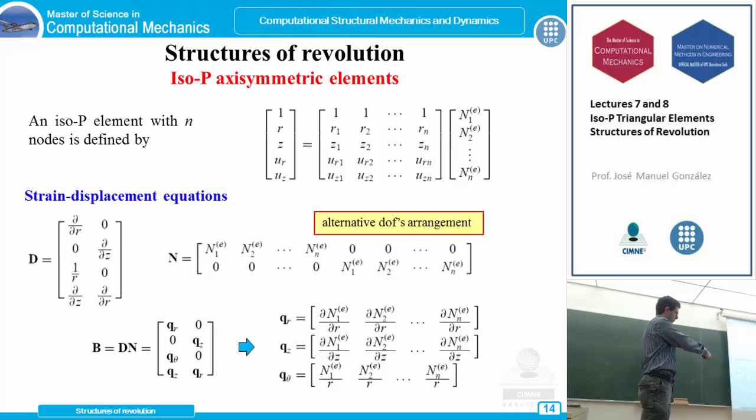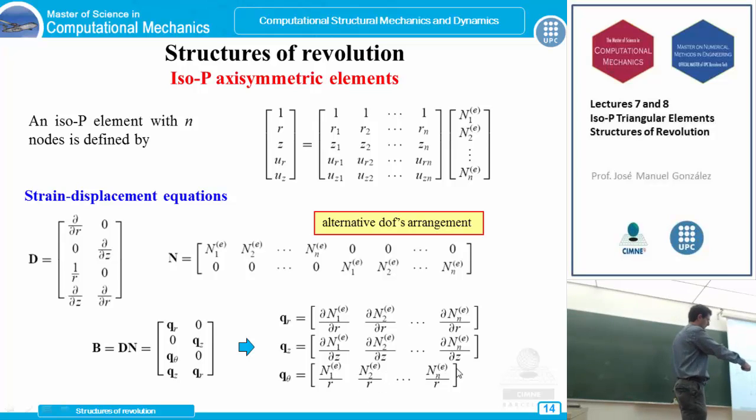And again, important thing, here we have this vector which involves the circumferential component. Remember that this circumferential component does not imply a partial derivative, because it is 1 divided by radius times the shape function interpolation of the displacement. So now this B matrix, which multiplies the displacement component, involves the shape functions, not the partial derivative, but the shape functions divided by r.